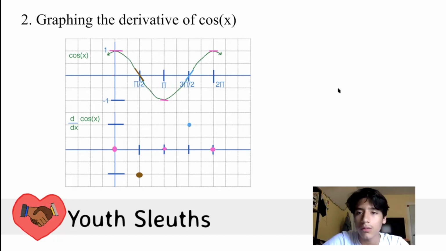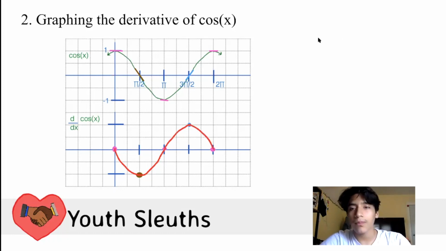And so now we just have to connect the lines like we did before. 0 to -1 is a decrease. So we will decrease. Then -1 to 0 is an increase. So we will also increase. 0 to positive 1 is an increase, and 1 to 0 is a decrease.